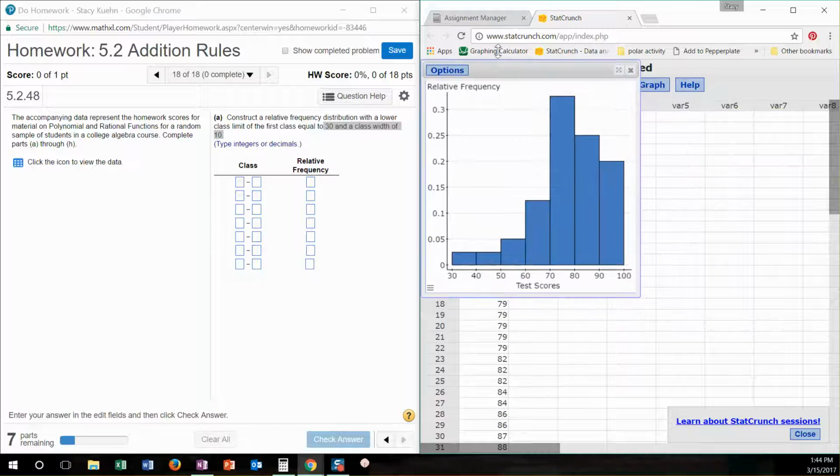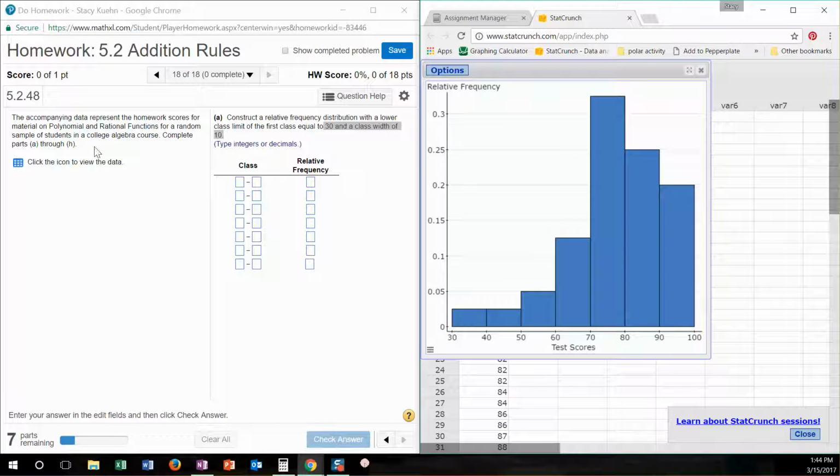What I have here is the histogram that represents those test scores. How does that help me fill in a table, however? Well, if I hover my mouse over each one of these bars, I get not only the class for each bar, but also the relative frequency for that particular class width.